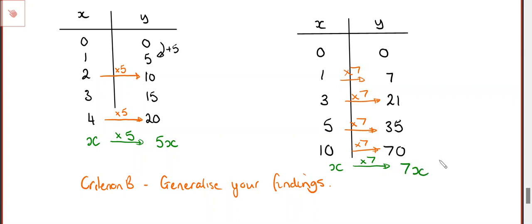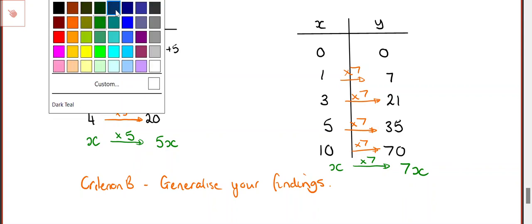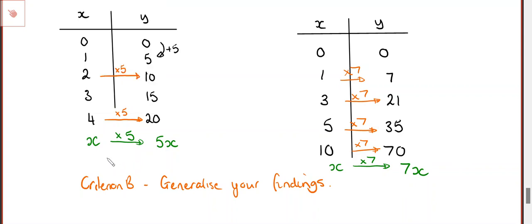Alright. Now, would I be right in saying that the y number can be found by doing the x number times 5 in this case? Yeah. That makes sense? Is the y number found by doing the x number times 7 in this case? So, how can I write that using maths rather than lots of words?